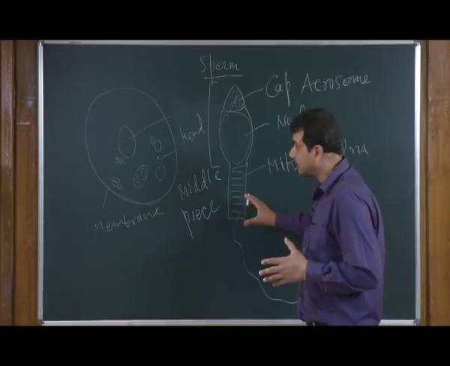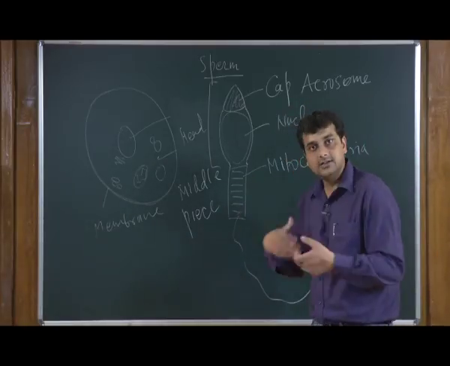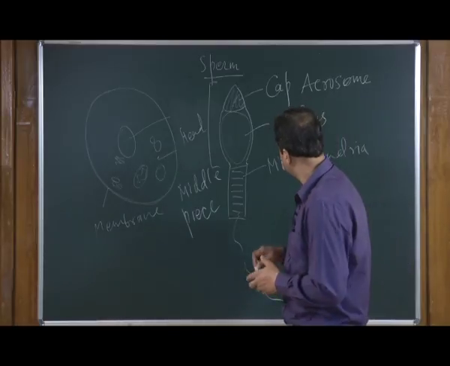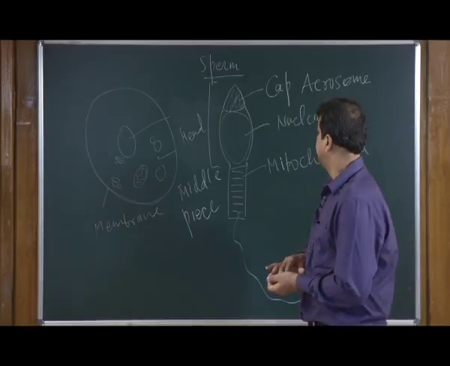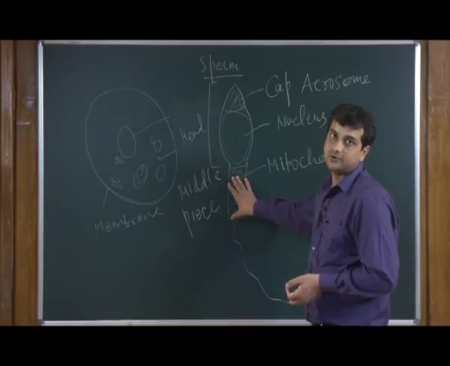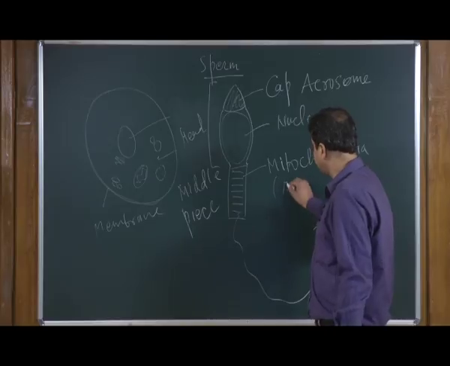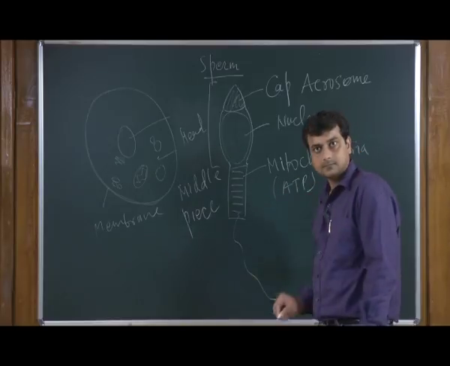So, motility is coming because of this tail, and the energy to do motility is coming from this mitochondria, because mitochondria is the energy house of a cell, and this can provide energy in the form of adenosine triphosphate, what we are calling ATP, right.